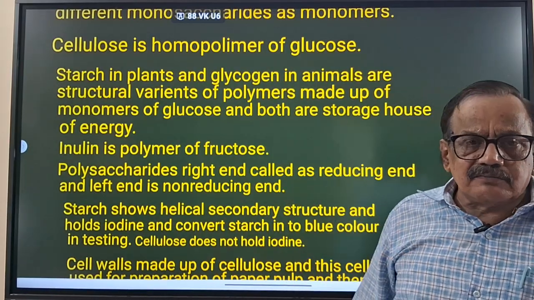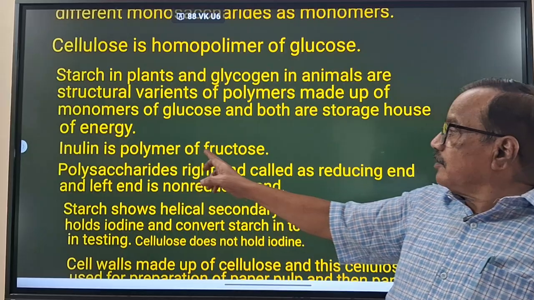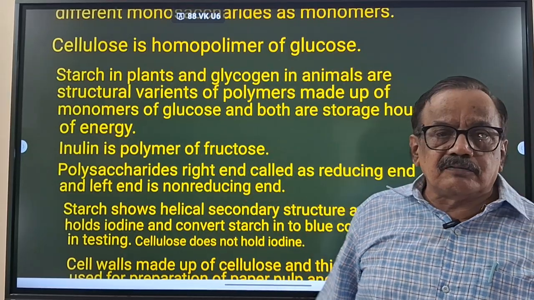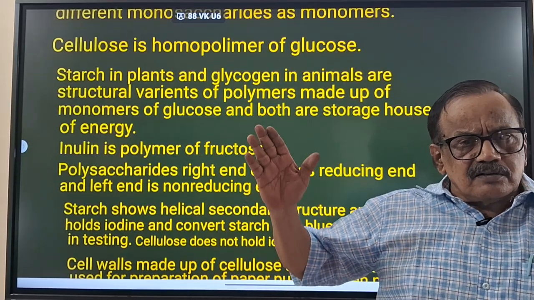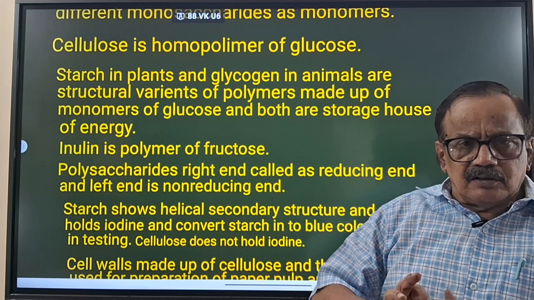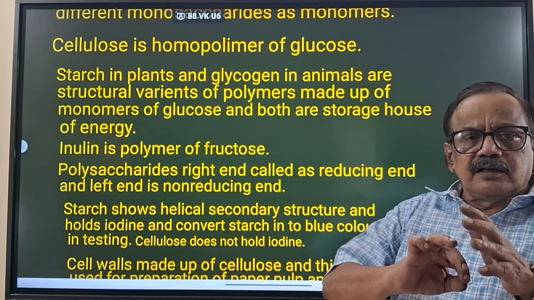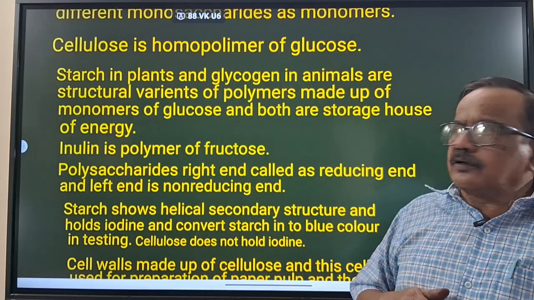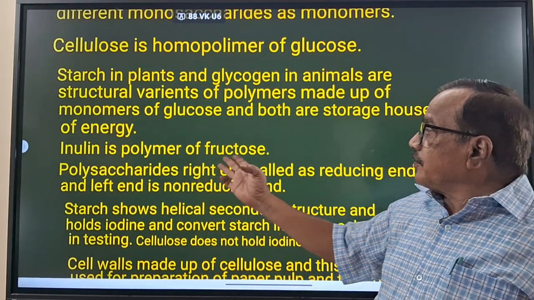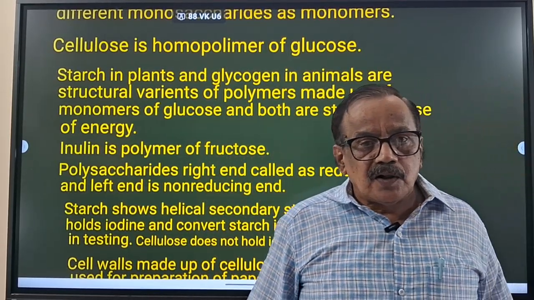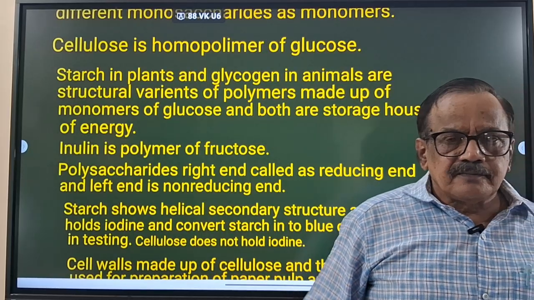It is called inulin, and he will ask it. Inulin is a polymer of fructose. Only glucose is in cellulose, starch and glycogen, but here inulin is a polymer of fructose.